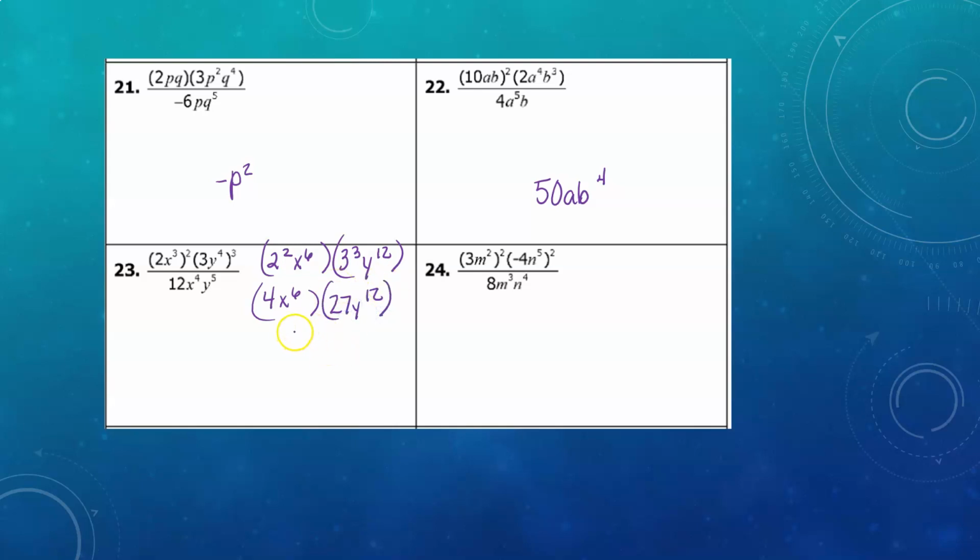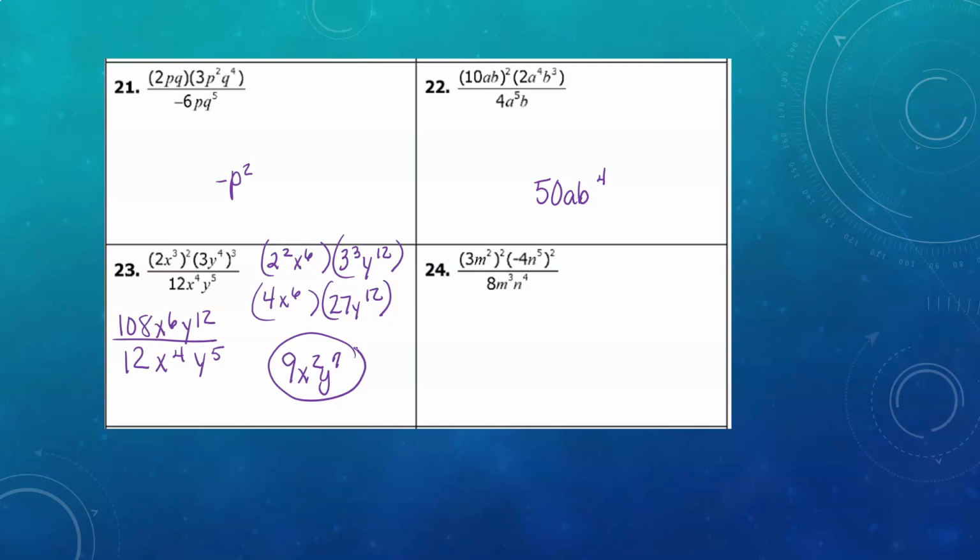When you simplify that, I have 108 x to the 6th, y to the 12th, divided by 12 x to the 4th, y to the 5th. 108 divided by 12 is 9. X to the 6 minus 4 power is x squared. Y to the 12 minus 5 power is y to the 7th.